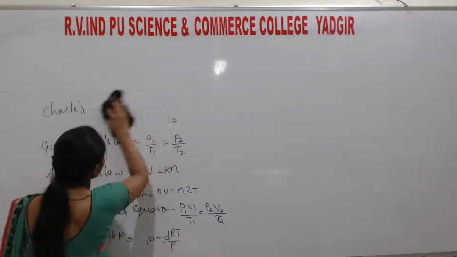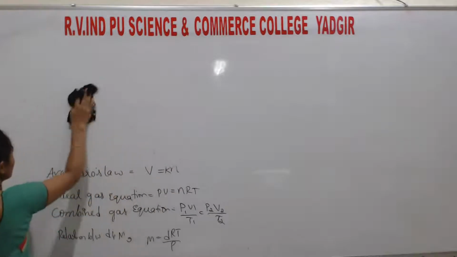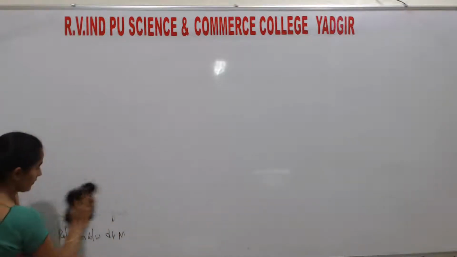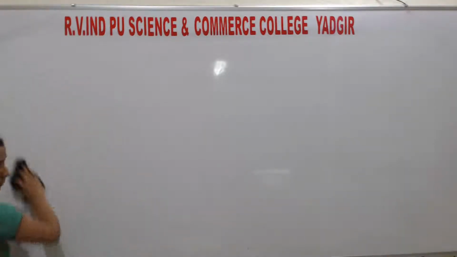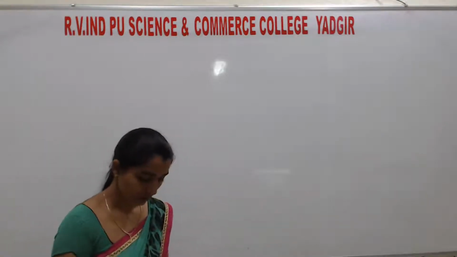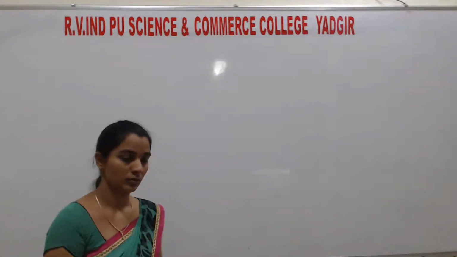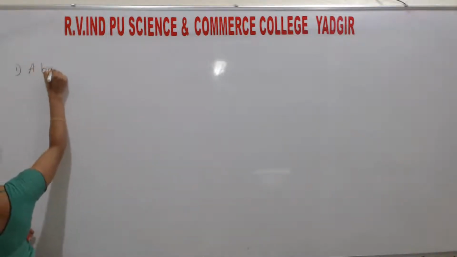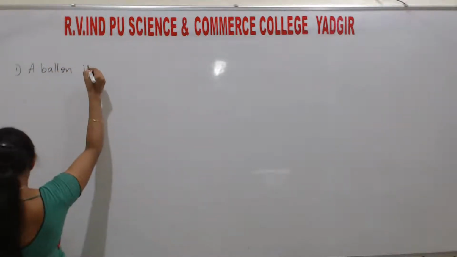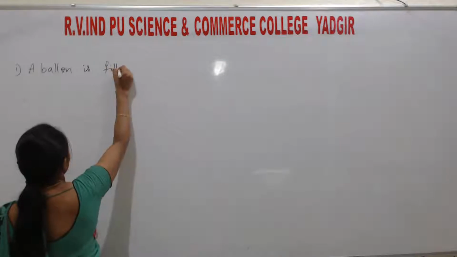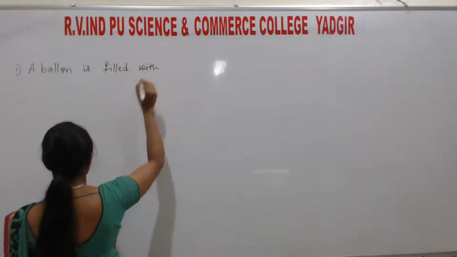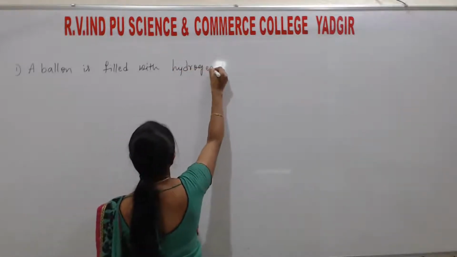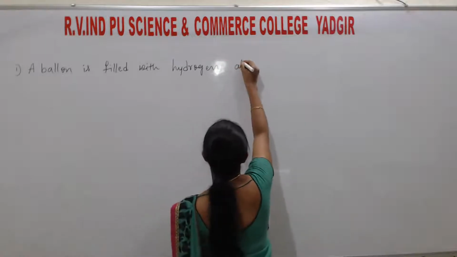Problems are very important for 3 mark students. Take down. A balloon is filled with hydrogen at room temperature.